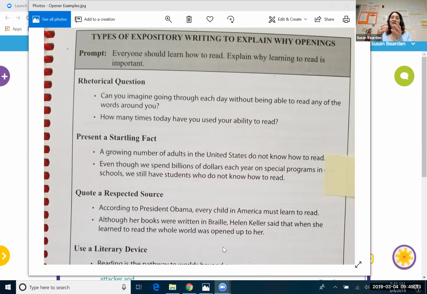So it's quoting the idea, but it's not a word for word quote. So we can paraphrase. When we put it into our own words and we make it our own, but we give credit to where it came from, that's called paraphrasing. And then you don't have to use quotation marks. All right, excellent. So we've got an example of quoting a respected source.